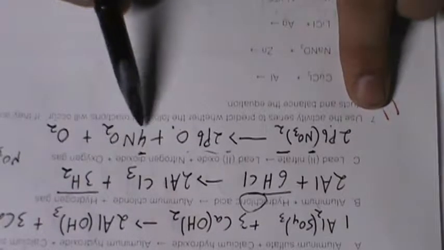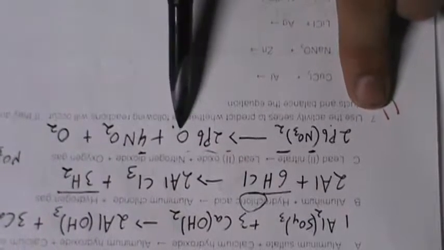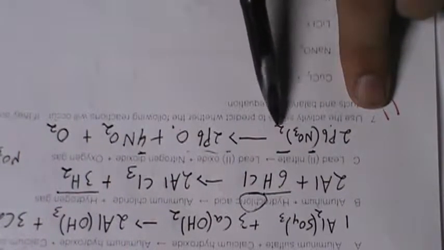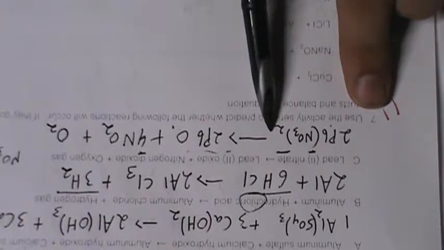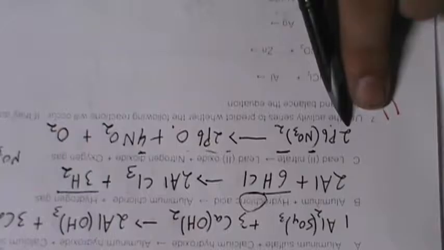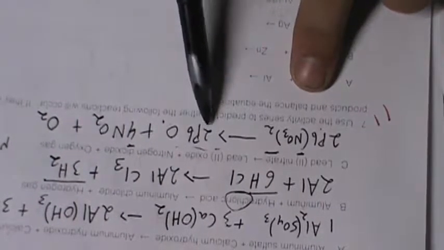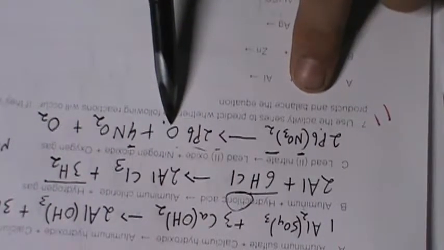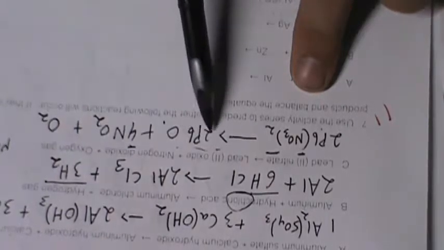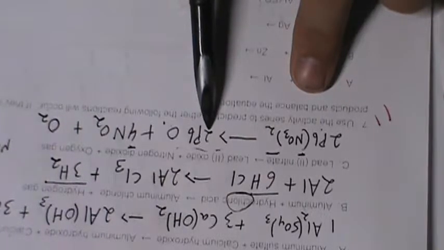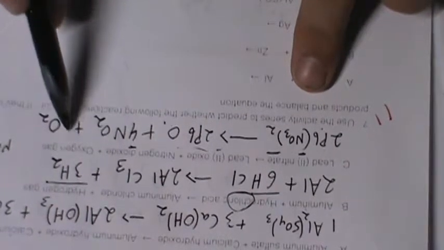All right. So now the nitrogens are balanced. Let's look at oxygen. 2 times 2 times 3. Well, 3 times 2 is 6, times 2 is 12. 12 are going in. We have 2 times 1 is 2, plus 4 times 2, which is 8. So now we have 10 oxygens over here, and 2 more oxygens makes 12.